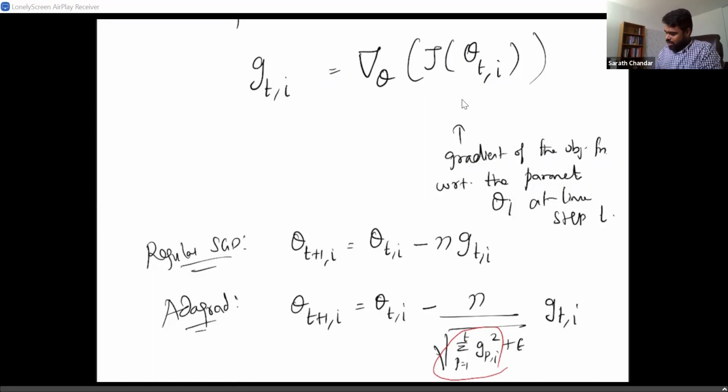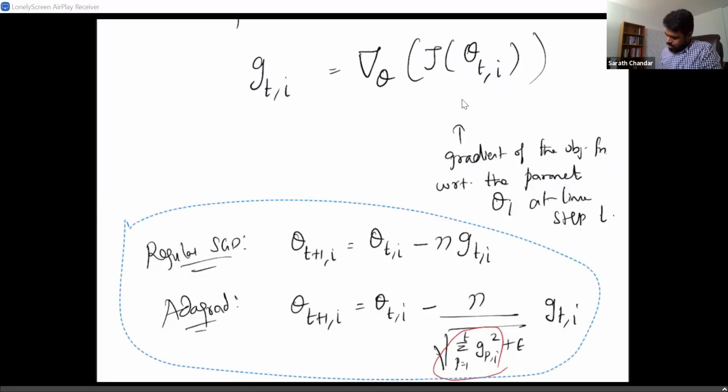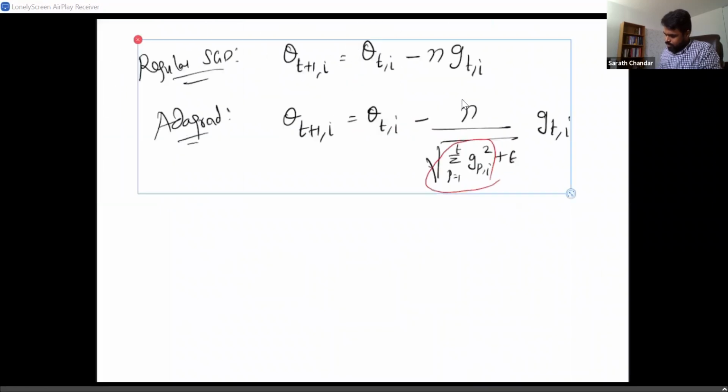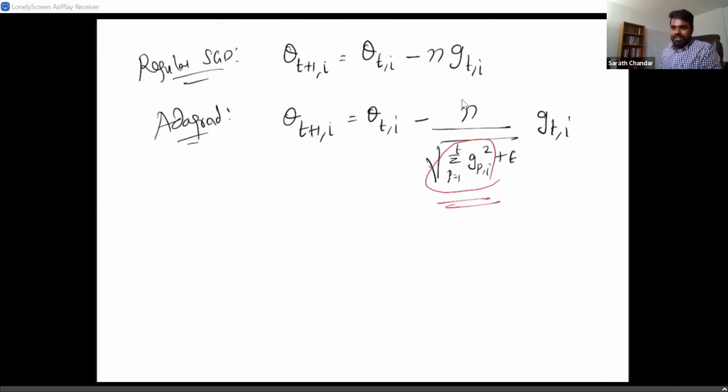Maybe I'll first copy this to the next page so that we can look at it while discussing. The effect of this term is that if you have a lot of large gradients for one particular parameter, then the denominator is going to be high.